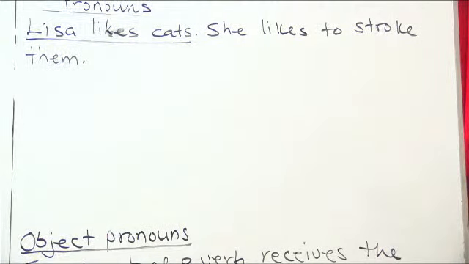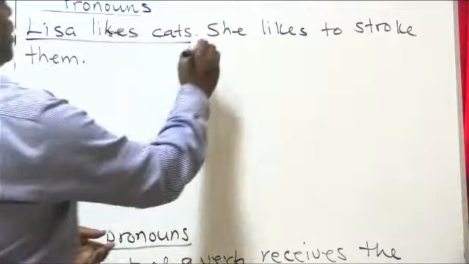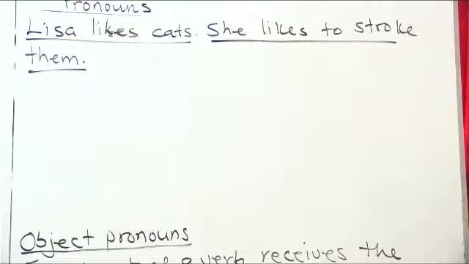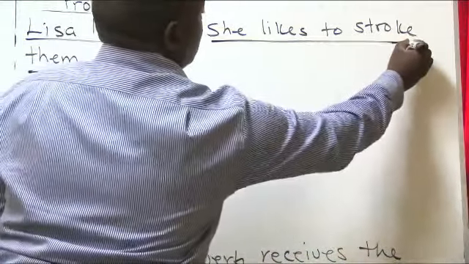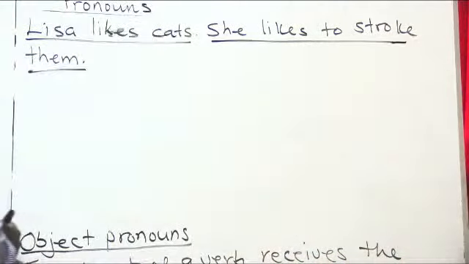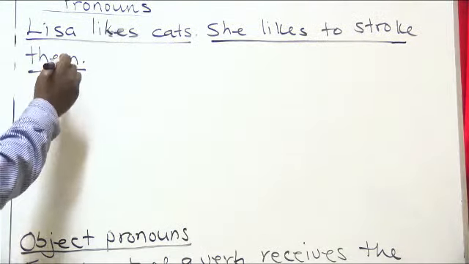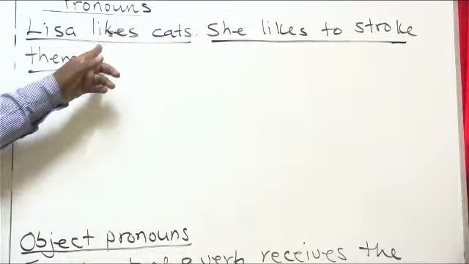And in our second sentence, the object is them. Them is the object of the word what? Stroke. Okay, so the object comes after the verb.